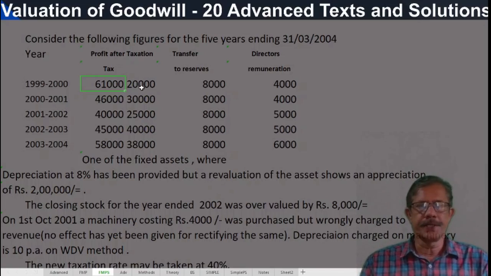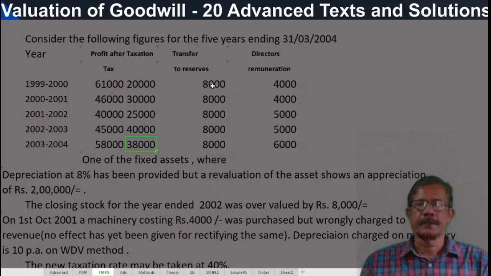Here, each year's taxation is different. So, each year's profit should be added with the relevant taxation amount. Got it? We have already studied it. So, 61,000 add 20,000, 46, so on.